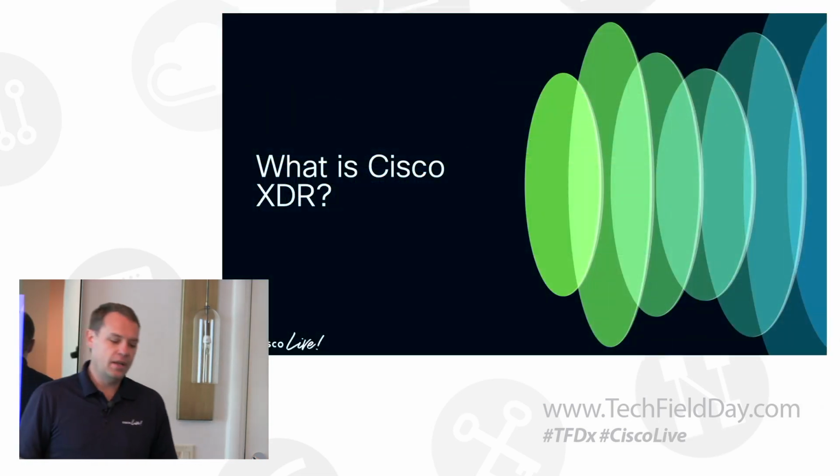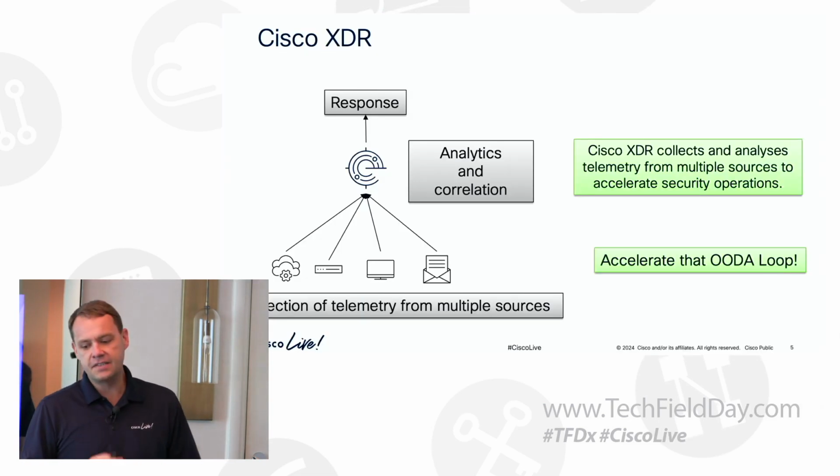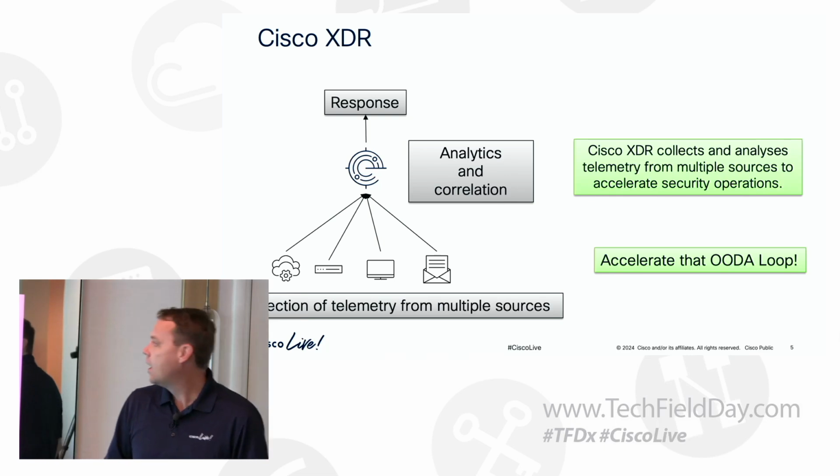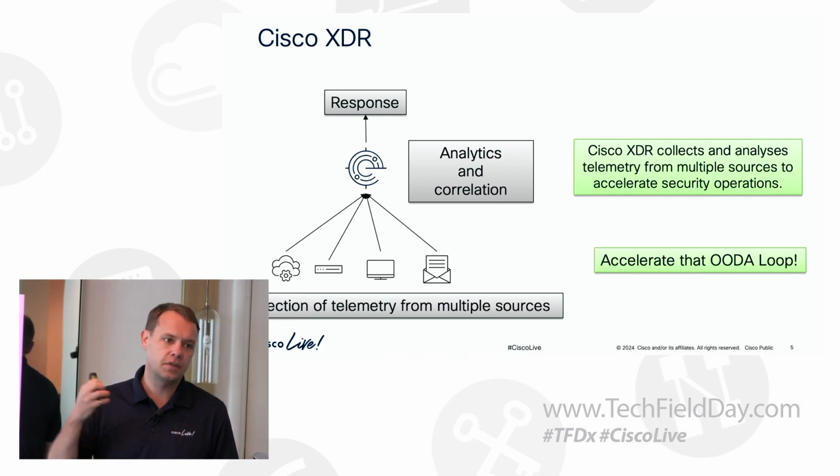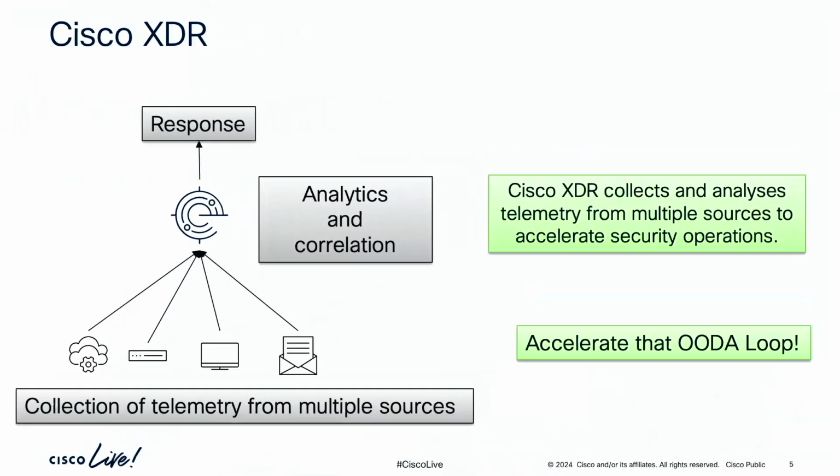So from the beginning, what is Cisco XDR? Cisco XDR is a collector of data from multiple security tools, where we apply analytics to that data to arrive at a detection of maliciousness and then provide response to that maliciousness through automated actions. Fundamentally speaking, it is an efficiency tool for the Security Operations Center.